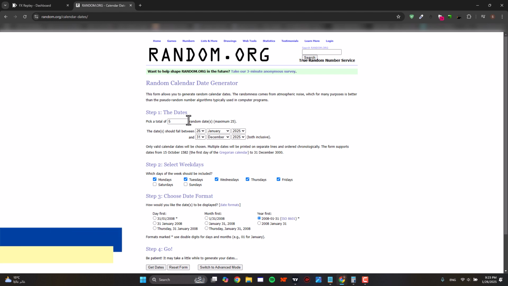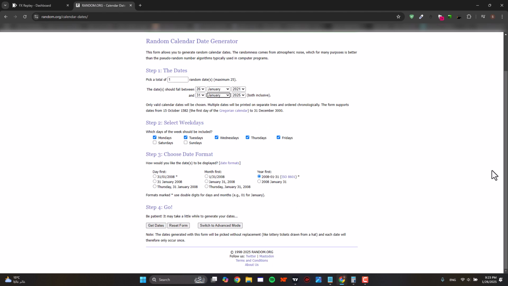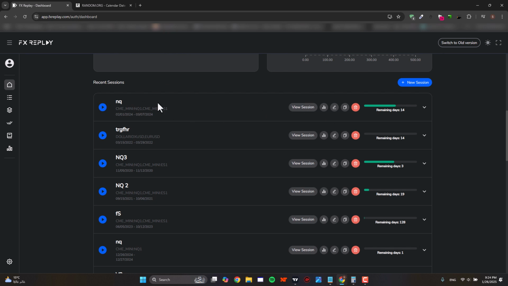We can get a random day from here first. So let's go maybe to 2021, 2025 like this. And let's get a random day. Let's get maybe another one because I remember backtesting this recently. So let's choose another one, same interval. Okay, this looks better. I don't remember trading this day or backtesting this, so let's create a session.